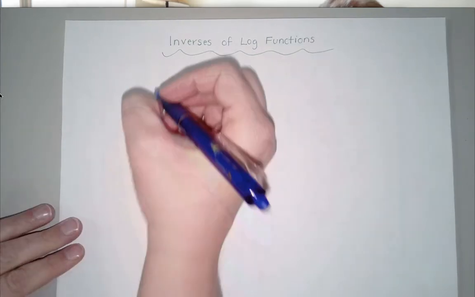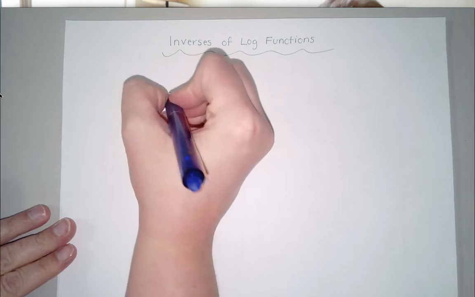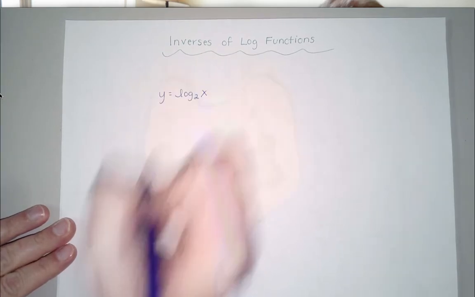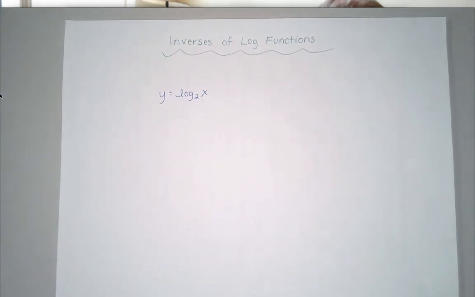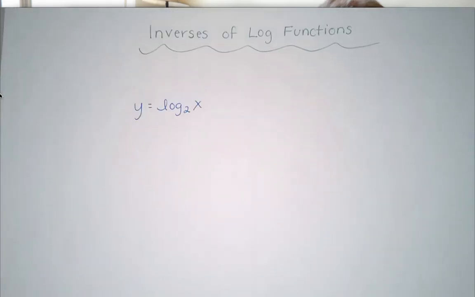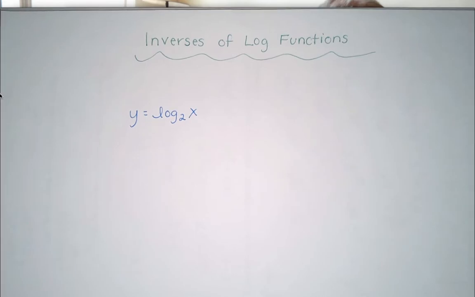Let's start with y equals log base 2 of x, and it can be any base we want. And let's suppose that I ask you to find the inverse of that function. You have two choices right now. Whenever I ask you to find an inverse, typically your first step is to switch the x and the y.